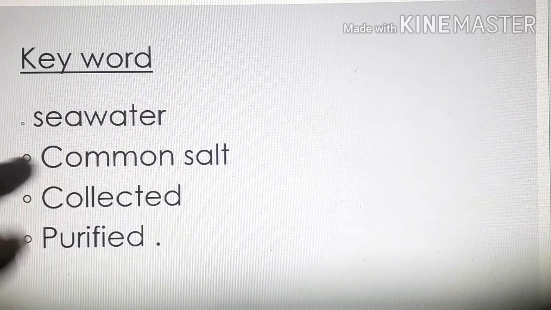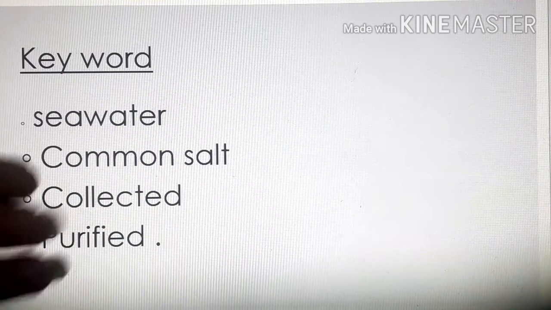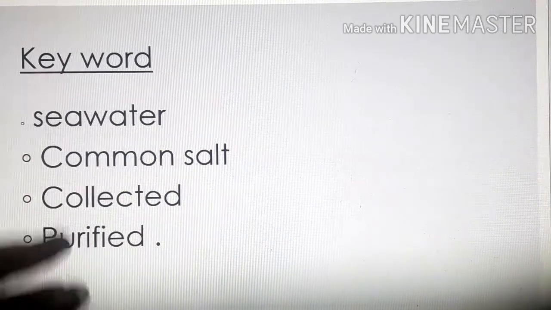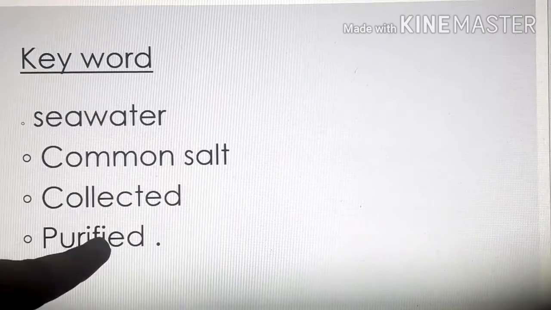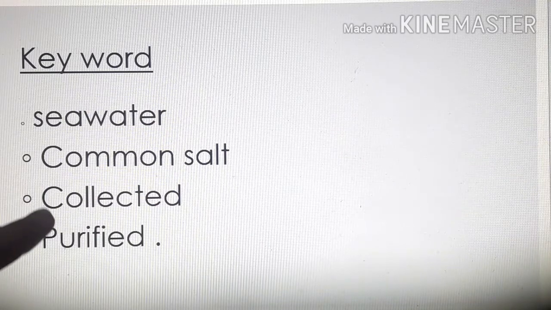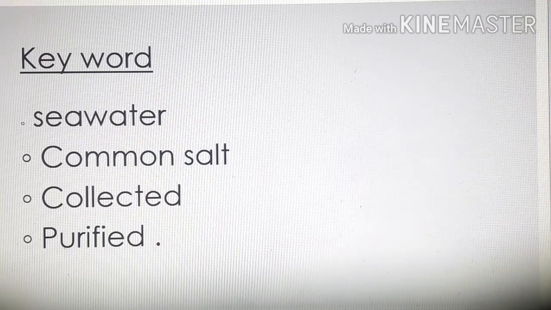The salt remains. That salt is collected and purified, and after purification we get common salt. Is it clear to you all? So these are our key words which we have come across today. You can write down these keywords in your copy.